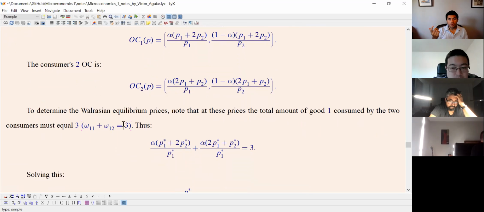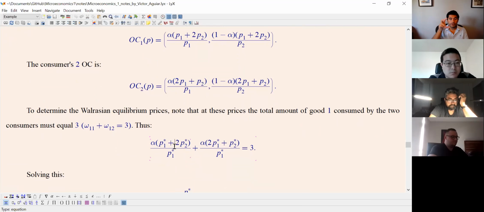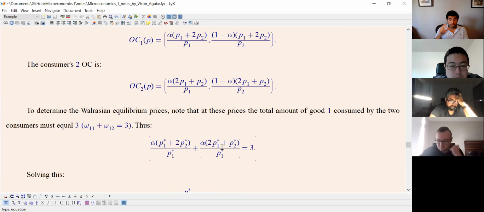Okay, so this is a feasibility constraint. So the offer curve of individual 1 of good 1 plus the offer curve of individual 2 of good 1 has to be equal to 3.